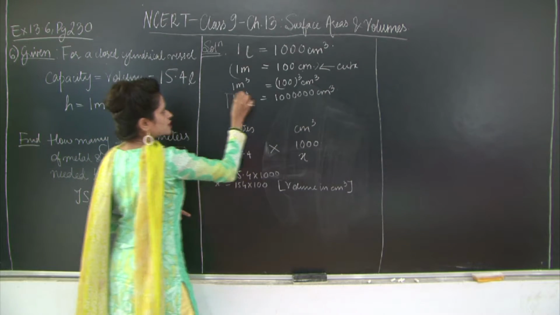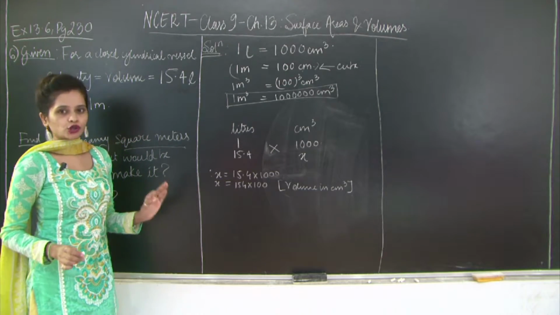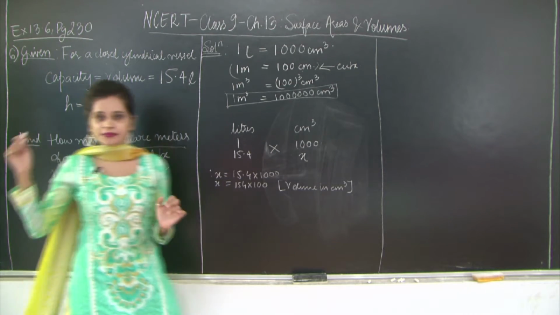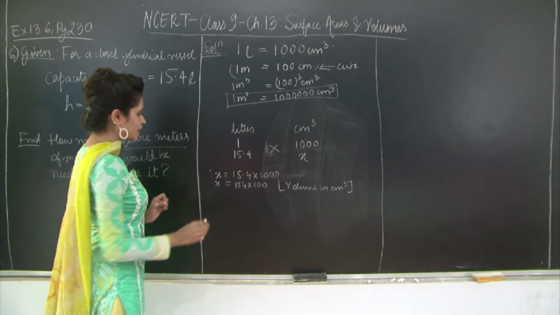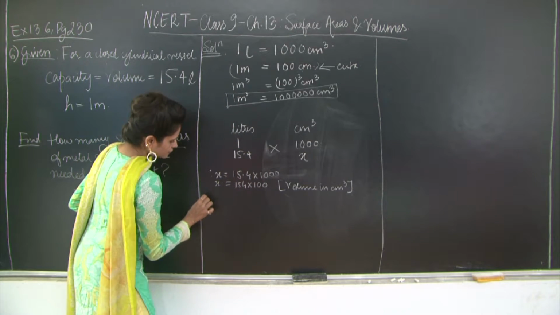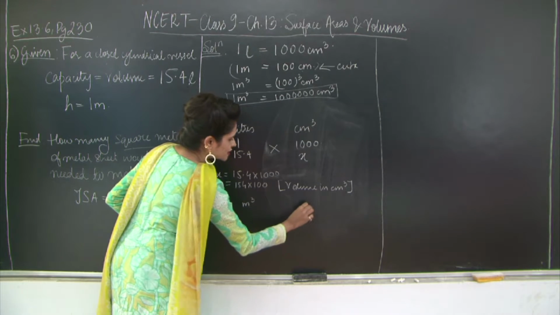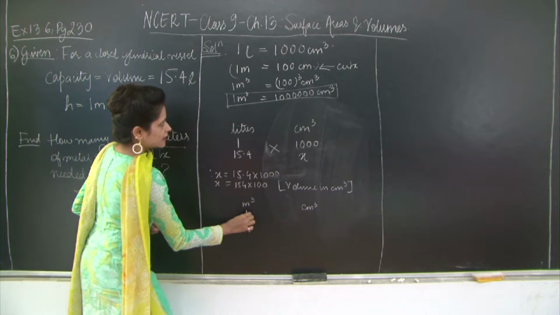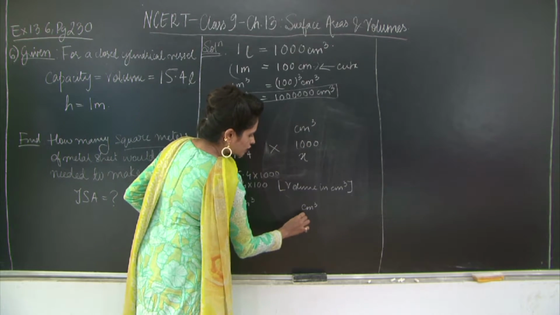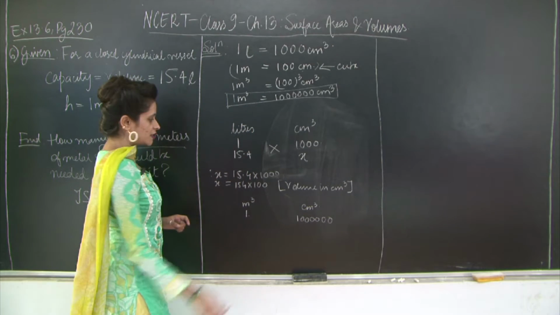We are going to use this equation to find the volume in meter cubes, because the height is in meters and we also need to find how many square meters of metal sheet. So 1 meter cube is equal to 1,000,000 centimeter cubes.